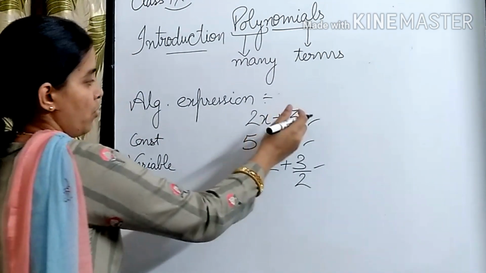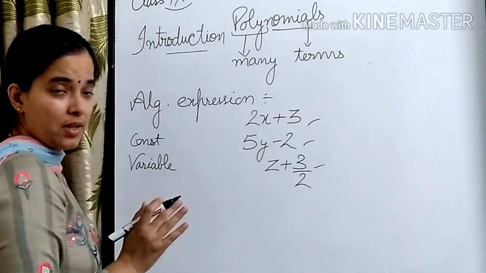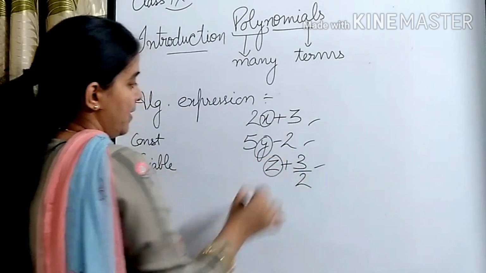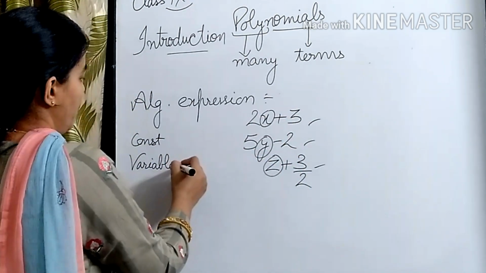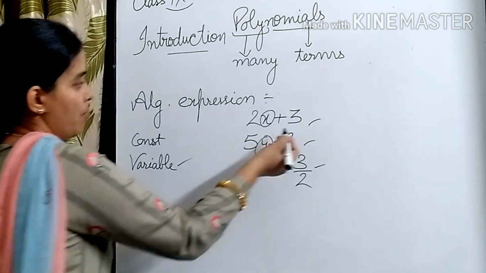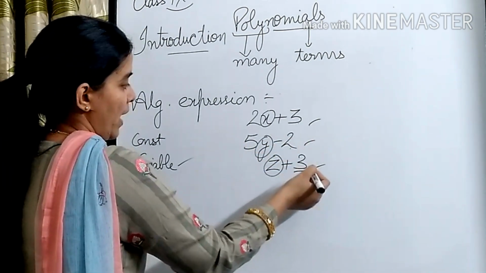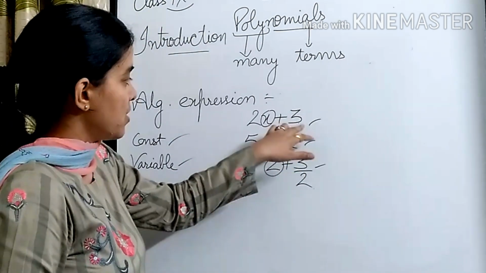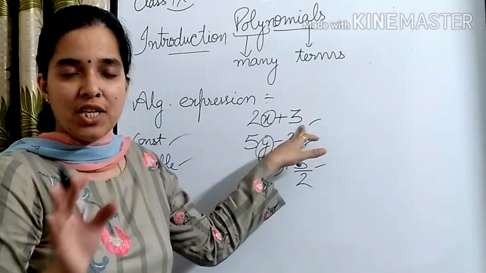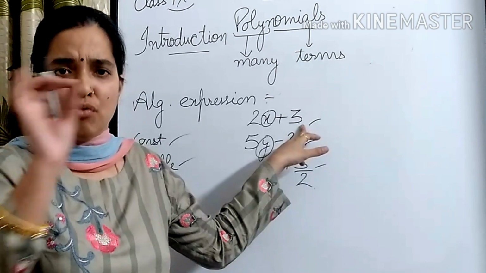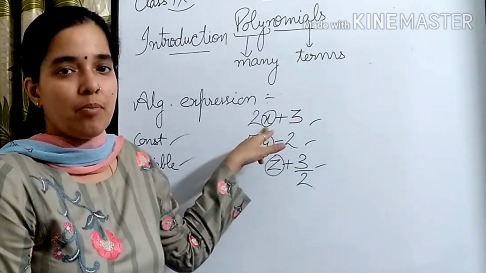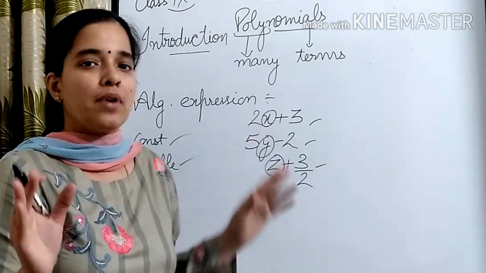Like in the expressions, these x, y, z are nothing but variables. And your numbers 3, 2 and 3 by 2, these are constants. Means this 3 is not going to change throughout your solution. But this x will depend upon the situation and its value can vary.